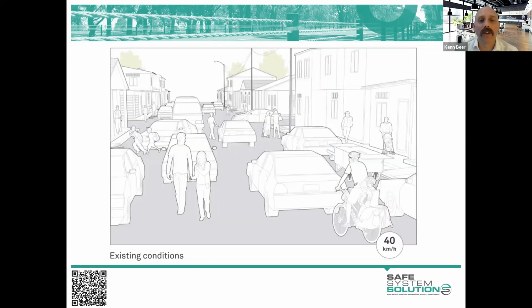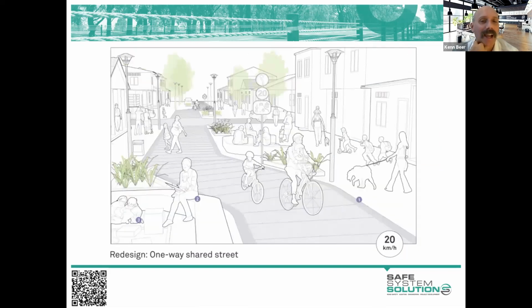So I'll go through this. I won't do the same exercise. We'll do the same exercise on the next one. You see, this one's a little bit more, I suppose, open. If we categorize this one as more in that local streets style environment, so lowish place value, lowish movement, you still have the ability to try to bring it back to something a bit more like this. You've got a bit more movement function through there, but certainly the facilities, the speeds are very low.